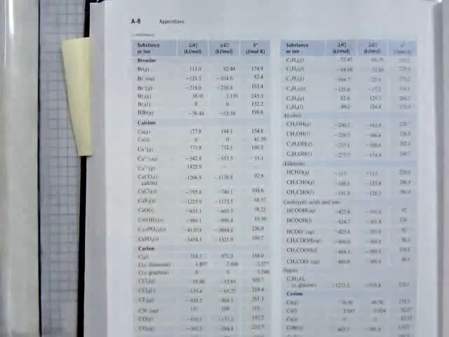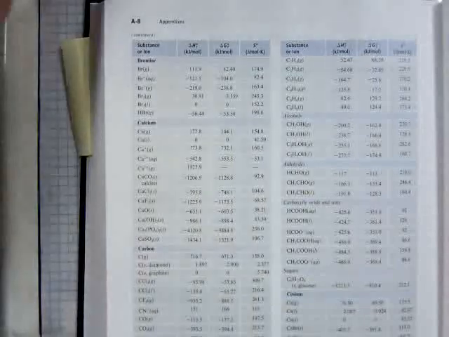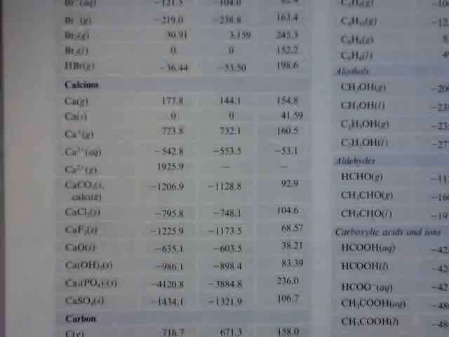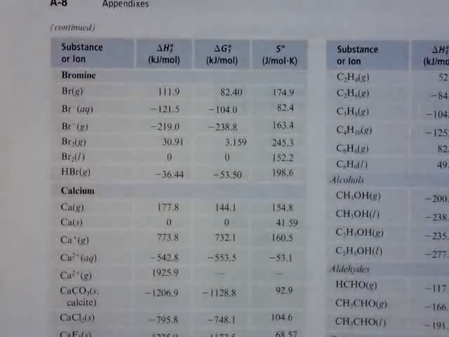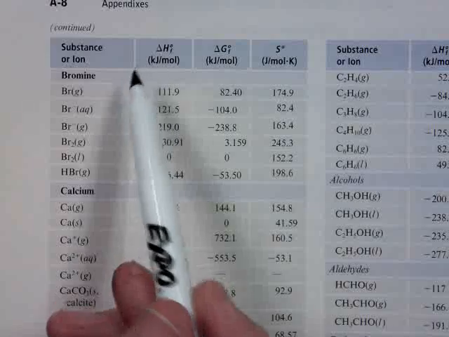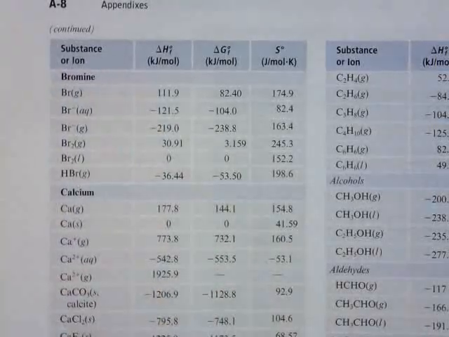Okay, this is a page out of the thermodynamics table. And I'll zoom it in just a little. So what we're looking for is the delta HF numbers that go with each of the substances listed over here.